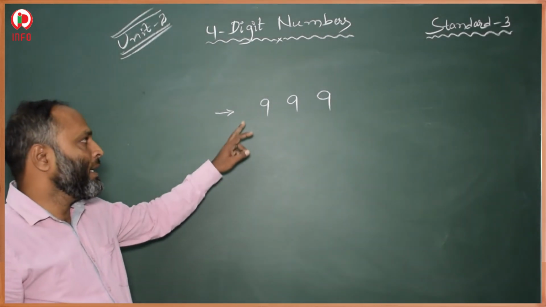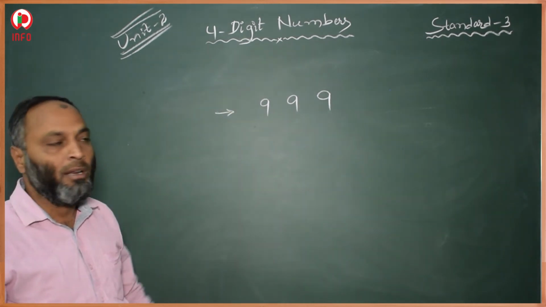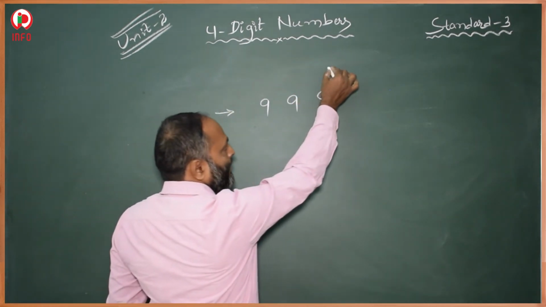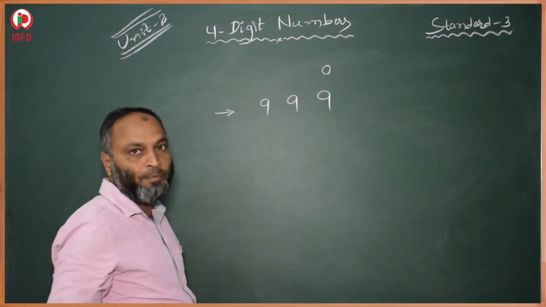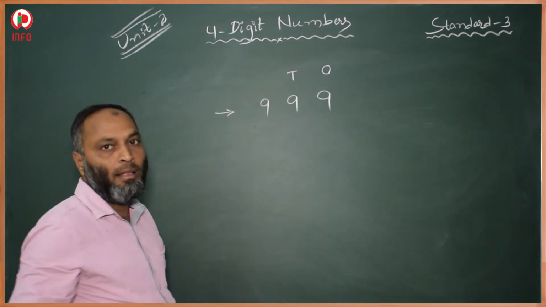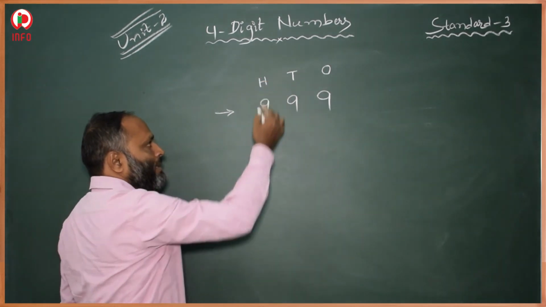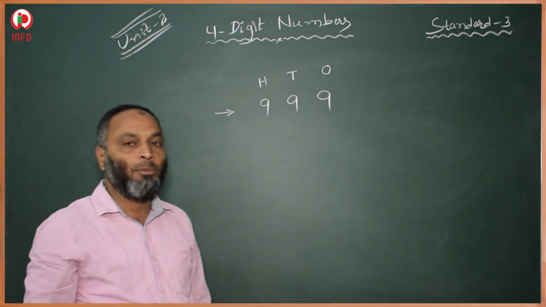This is the greatest 3-digit numeral. 9 is there in the ones place, one more 9 is in the tens place, and one more 9 is in the hundreds place. This is the largest 3-digit numeral.